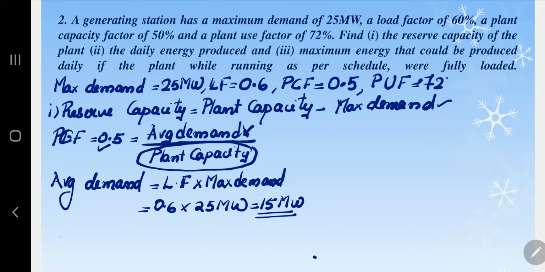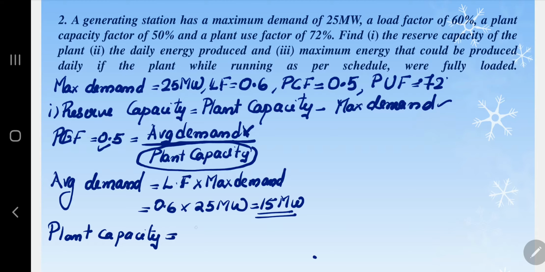Now we have to find out the plant capacity. From the plant capacity factor, what will be the plant capacity value? Plant capacity is equal to, we have to substitute the average demand in this one. We take plant capacity towards the left hand side and the PCF towards the right hand side.